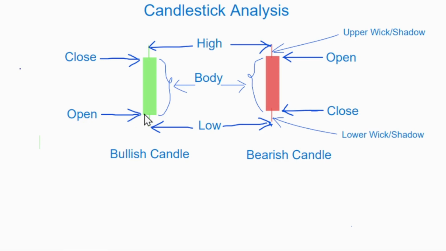Take the assumption that this is a 1 minute frame of candle, because this candle opens and closes in a complete time of 1 minute. It opens at 100 rupees and closes at 120 rupees.